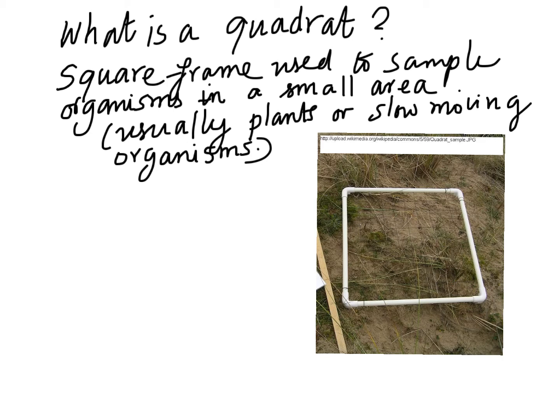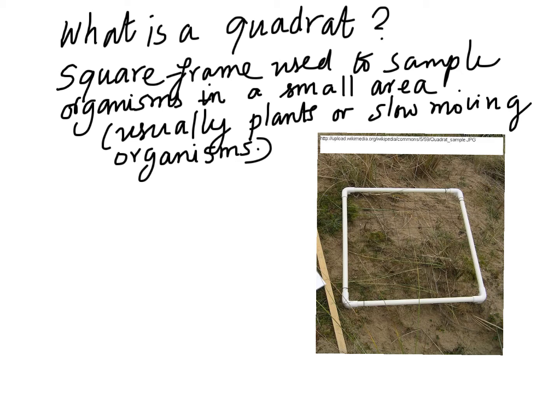So the idea is you use a lot of these quadrats, like 5 or 6 or sometimes even 10 in a habitat, and count how many organisms are inside each quadrat, and use that to work out the average. You count all the organisms in all the quadrats you've used, find the average in each quadrat, and use that number to estimate the population.